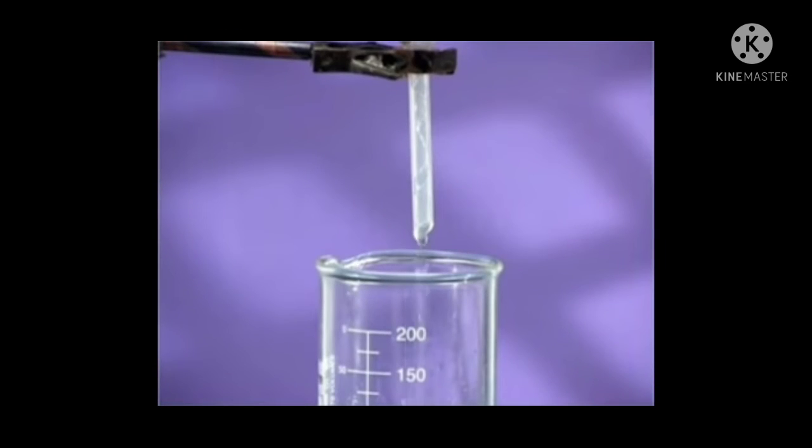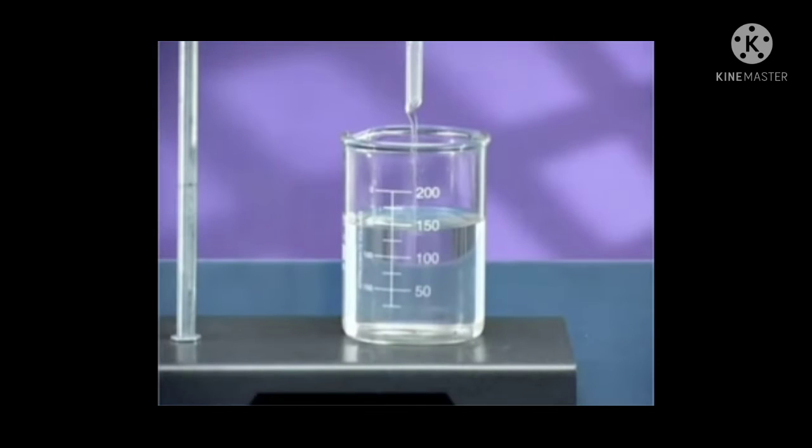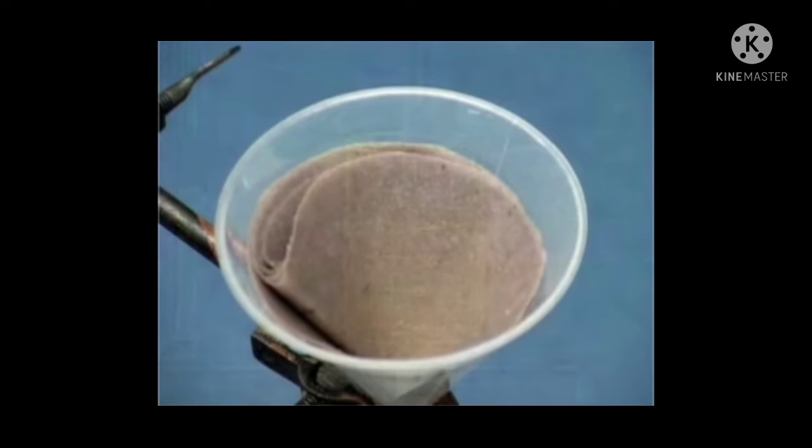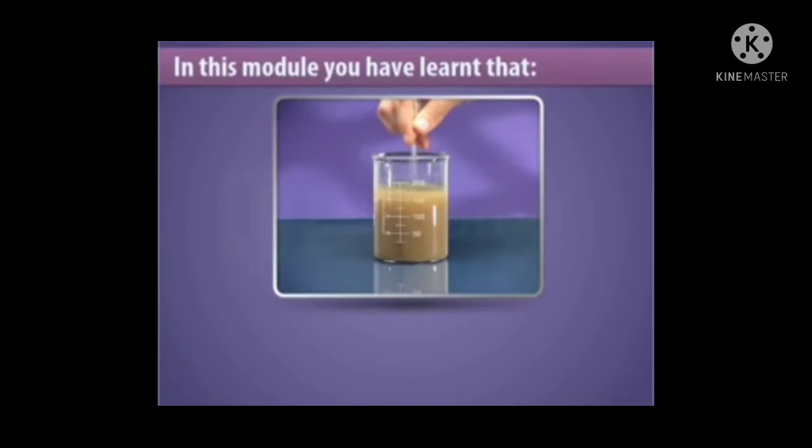Look at the filter paper after filtration. You can see that fine particles of mud are deposited on the filter paper and the filtrate obtained is pure. That means the filtrate obtained is free from impurities.